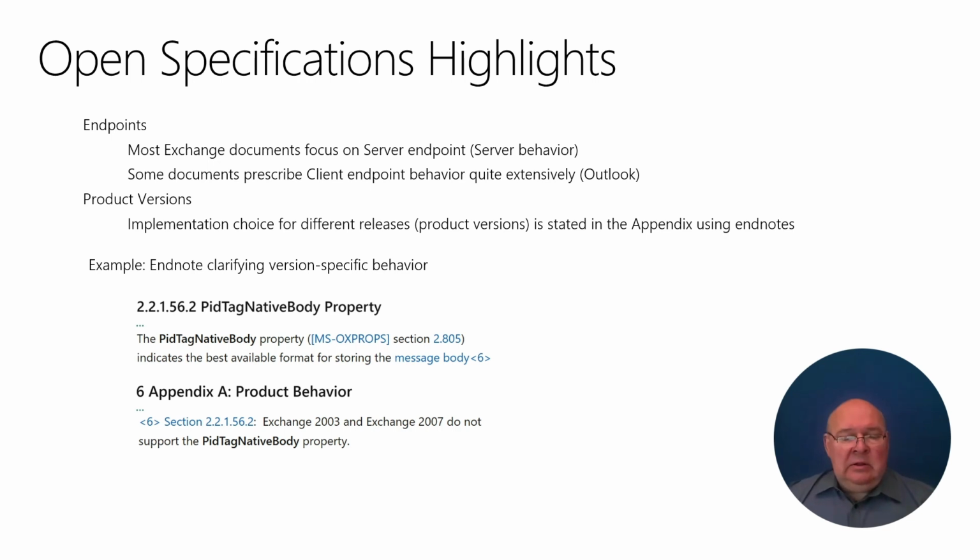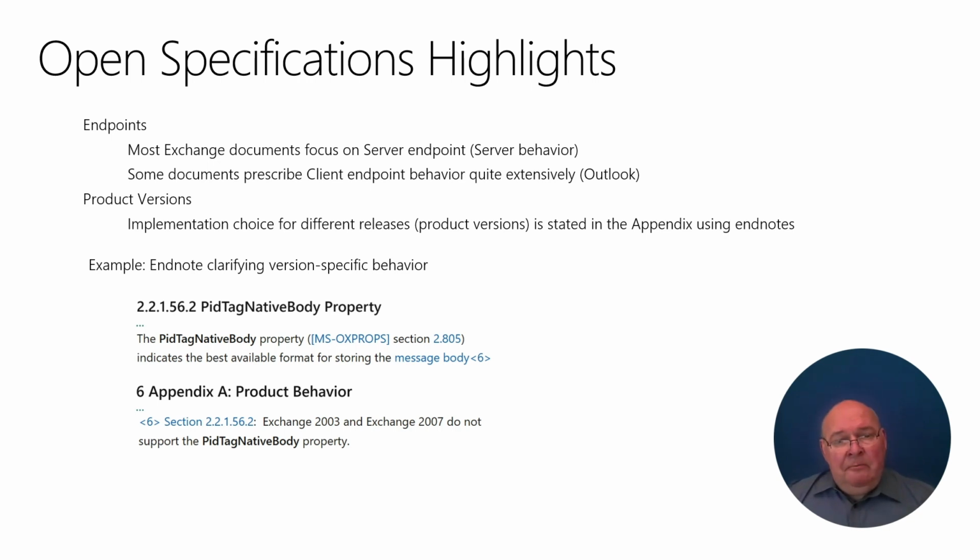In client-server communication, there are two endpoints, client and server, and most open specifications and Exchange protocols as well, they document server endpoint. So normative content prescribe behavior of server endpoint.